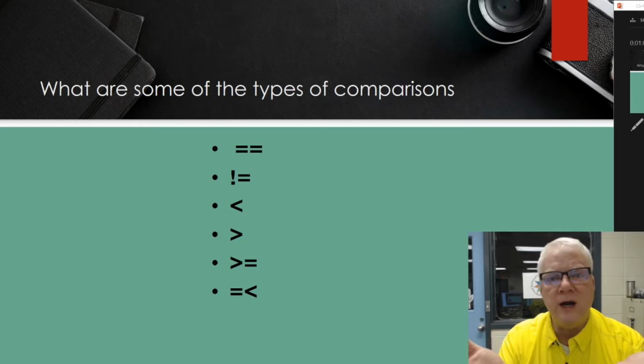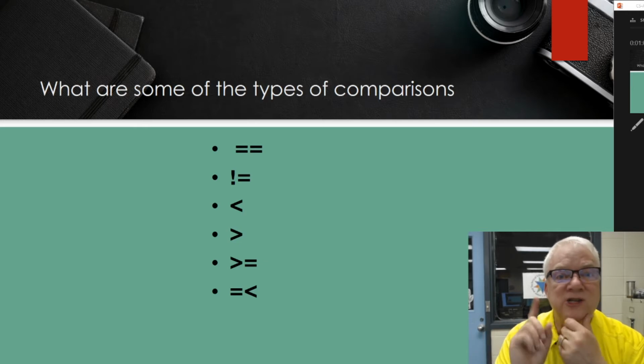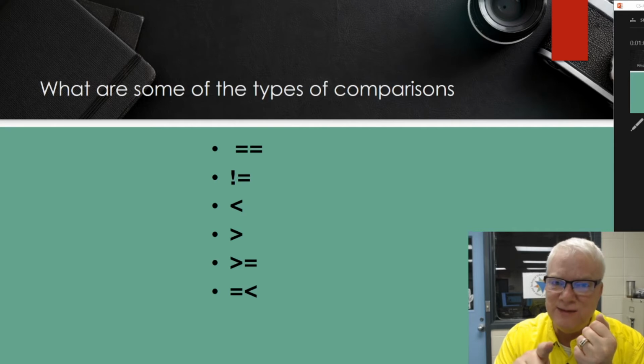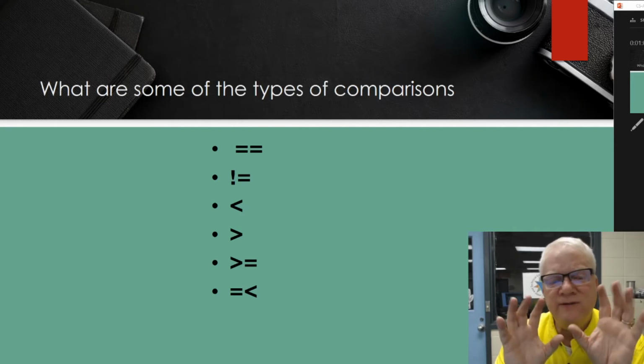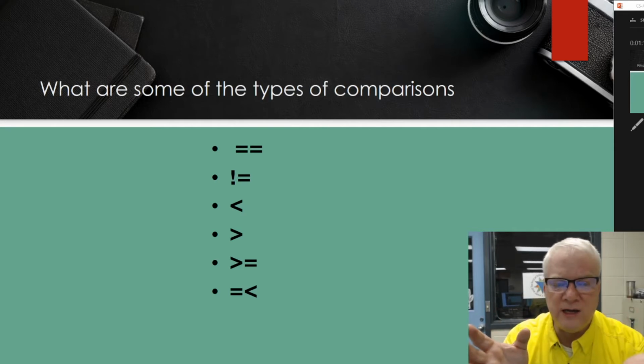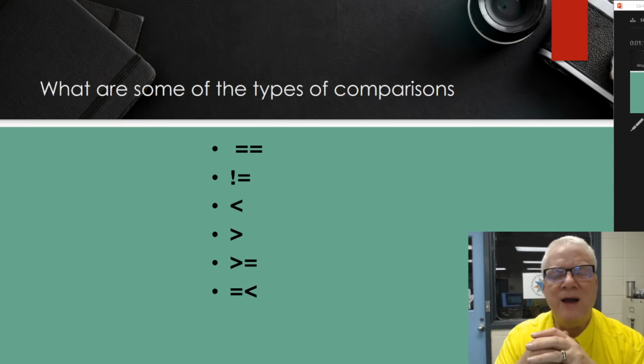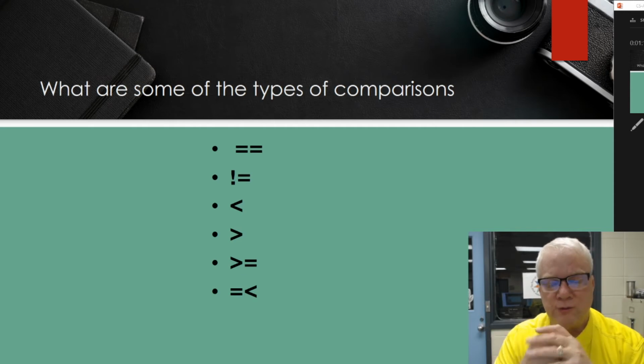Well, no, they're not equal. And that would give us a true statement back. So if that gave us a true statement, not equal, a true statement back, then that would be very different than what we expected with the equals equals, right?